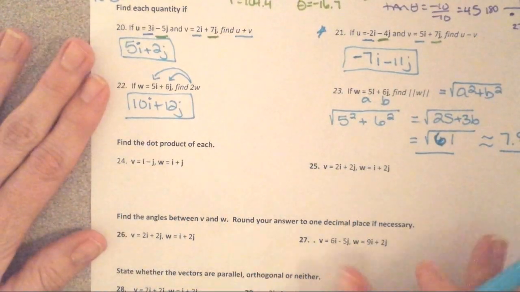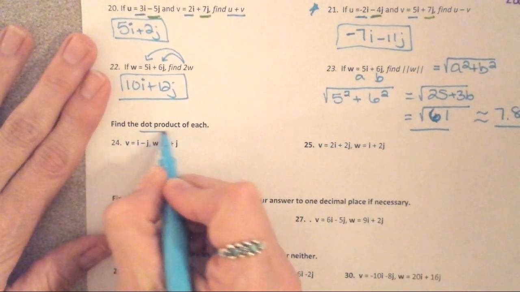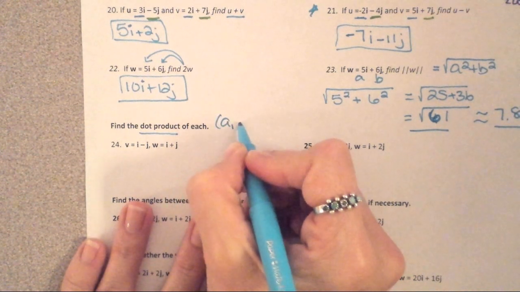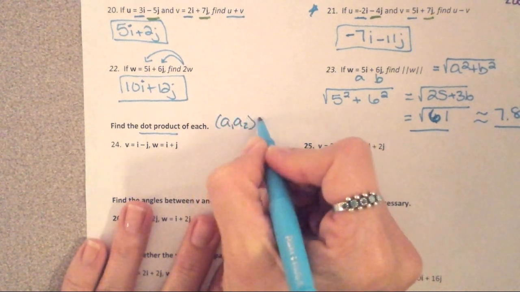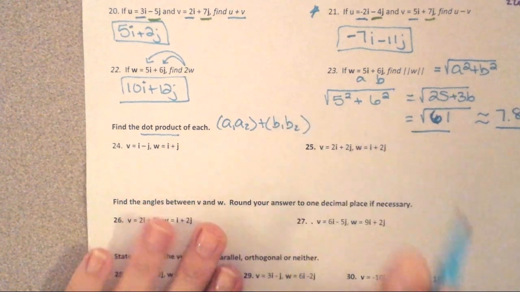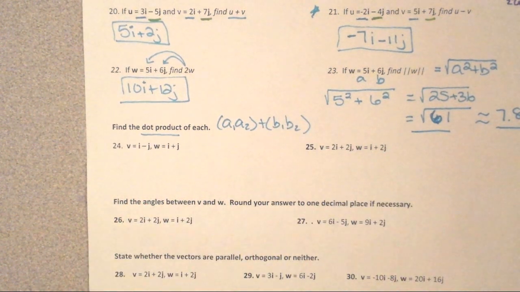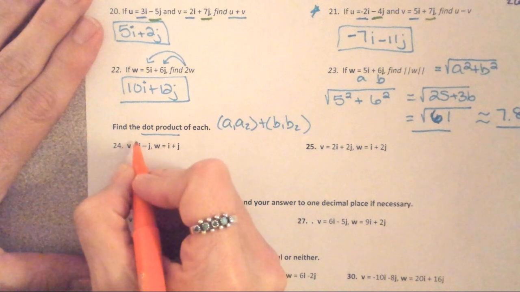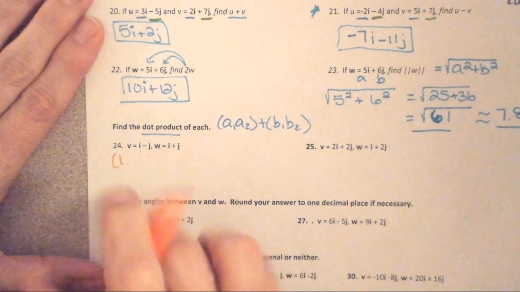On 24 and 25, they asked me to find the dot product. Your formula for dot product was A1 times A2 plus B1 times B2. So you multiply the A's, you multiply the B's, and then you add them together. So on 24, my A right here is 1, and the A over here is 1.